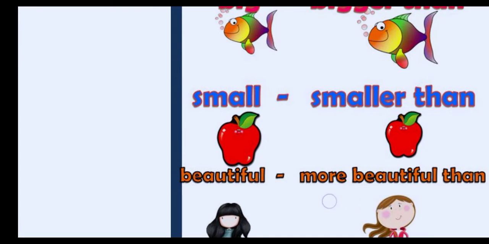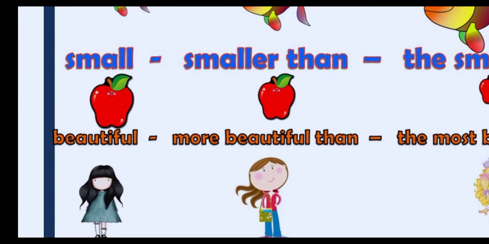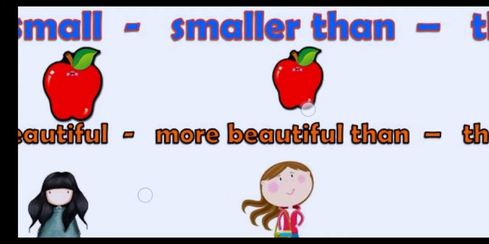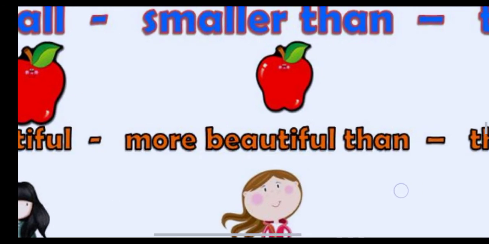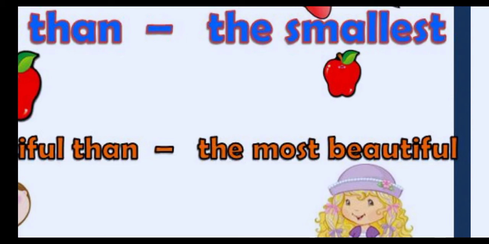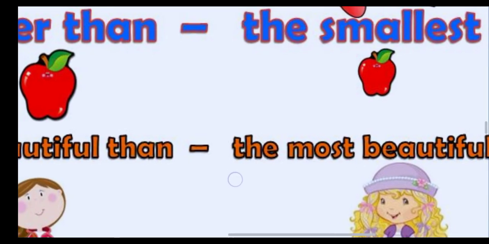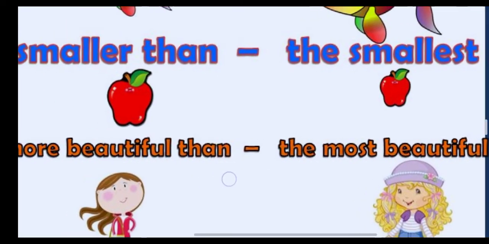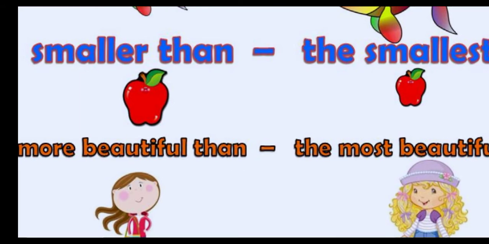So now what is actually happening here is that for any word that is formed with the help of two words having different meanings, what are you going to add? You are going to add more for the comparative degree and most for the superlative degree. Okay, hear this once again. Suppose beautiful is there.